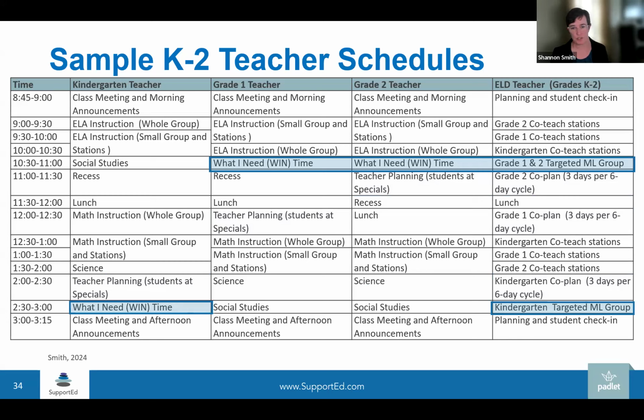We know that we don't just get newcomer students at the beginning of the year in August and September. They come in November or March. So as students became more proficient, they could be transitioned into another intervention time or another small group being instructed during that time, and newcomer students could be placed into that targeted group.